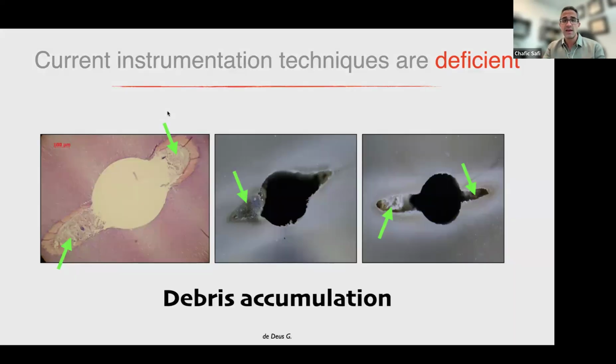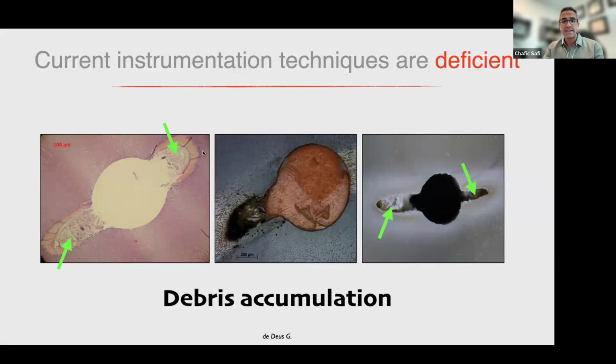And so this leads to areas that have not been cleaned at all, as we see by these green arrows, and compacting the debris in these non-instrumented areas. And it even leads to non-sealed or non-obturated areas, which of course with time can lead to microbial reinfiltration and thus the persistence or the reoccurrence of the disease.